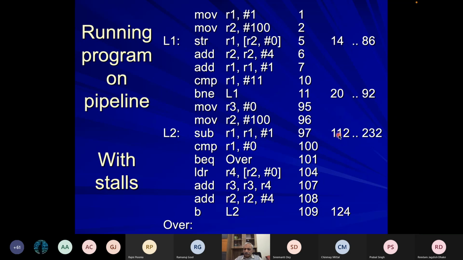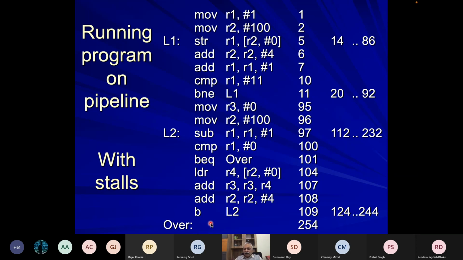This is the last iteration. Ends in 244. So after 244, I'm going back to L2, then comparison, then branch, and then I come over here. So I'll be here in cycle 254. So you could see that a lot of delay has been added, and the program is taking many more cycles.